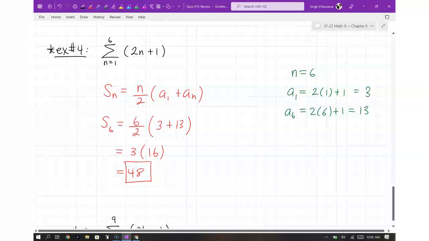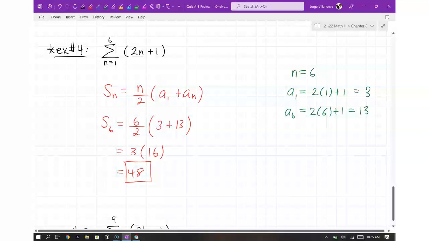I think I told you guys yesterday, these problems are pretty easy if you know what you're supposed to do. Figure out how many terms you got, what's your first term, what's your last term. That's all you got to do, the stuff in green. Once you got that, you plug it into your formula and solve.